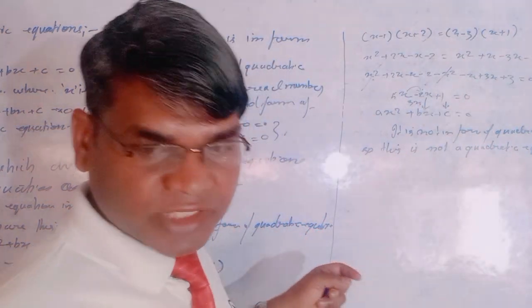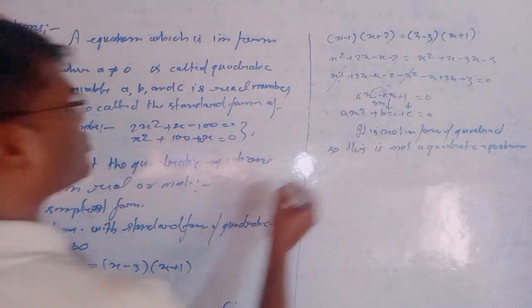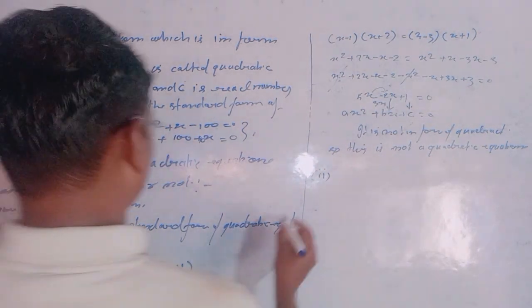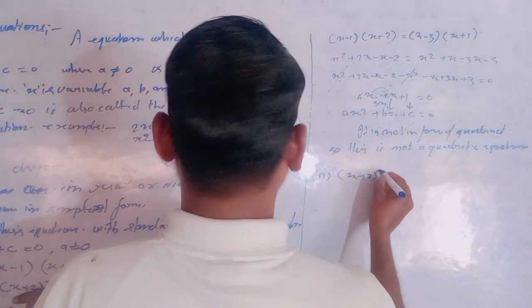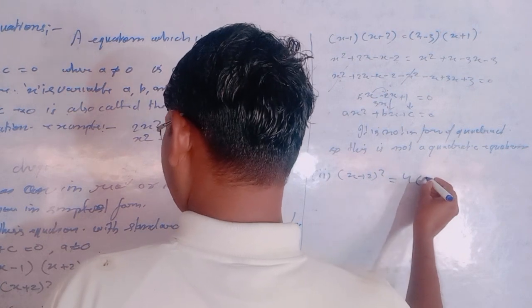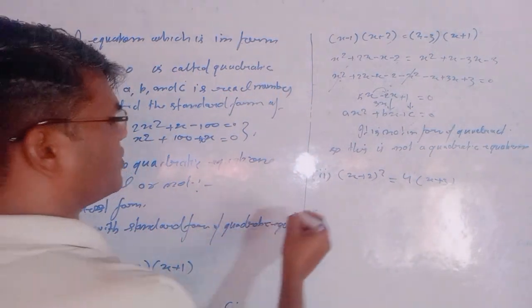Let's take the second example, as we have already written here. The second part of the example is given: (x plus 2) whole square is equal to 4x plus 3. Okay, so let's simplify it.